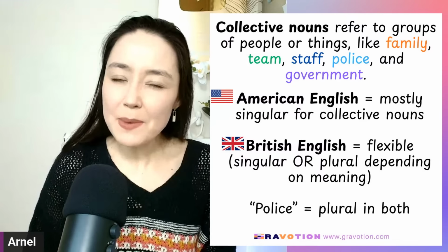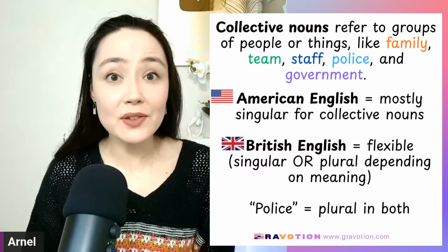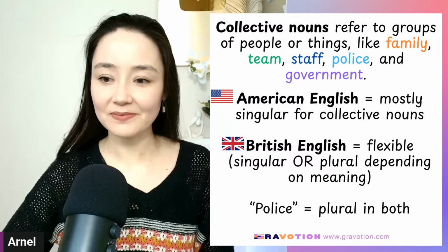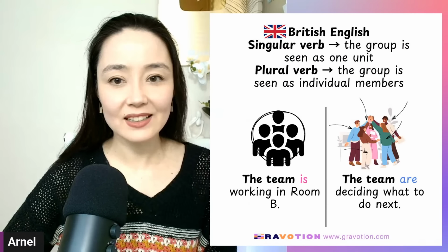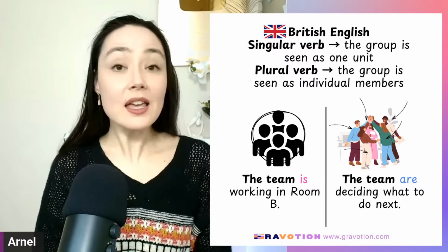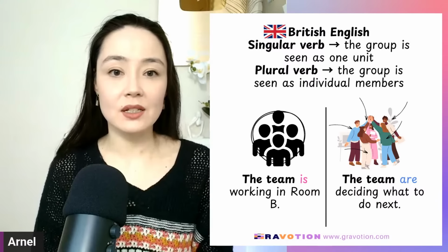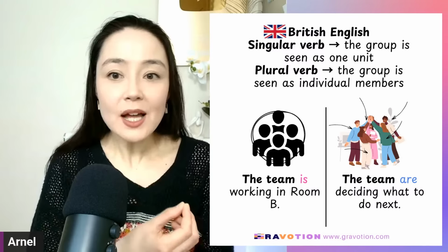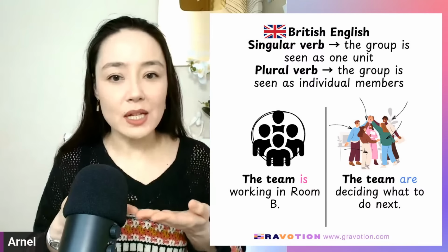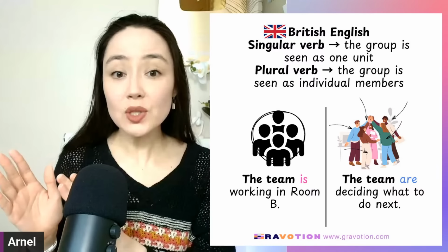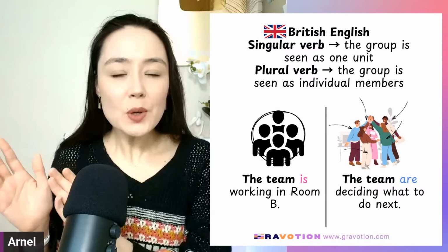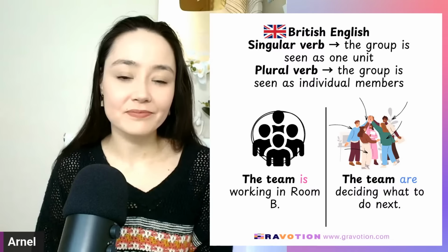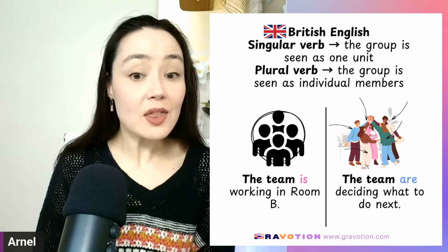This might seem a bit confusing, so I think we need a few examples. Okay. Specifically British English. If someone uses a singular verb, the group is seen as one unit. If someone uses a plural verb, the group is seen as individual members. On the left, the team.